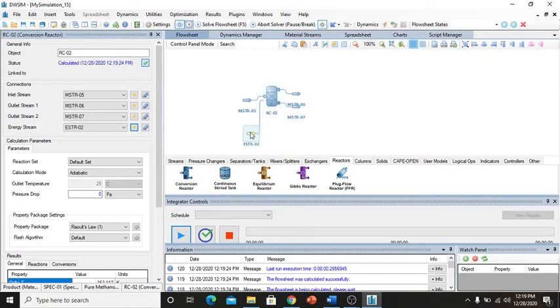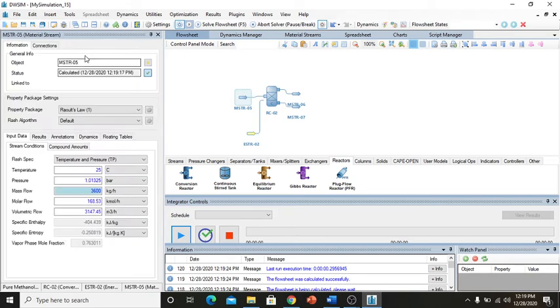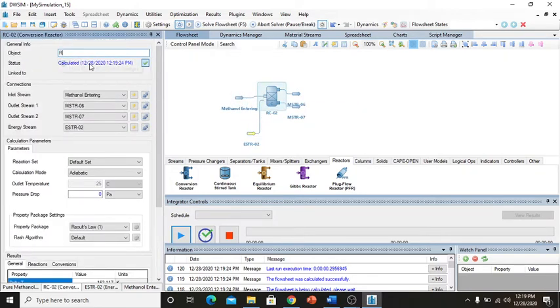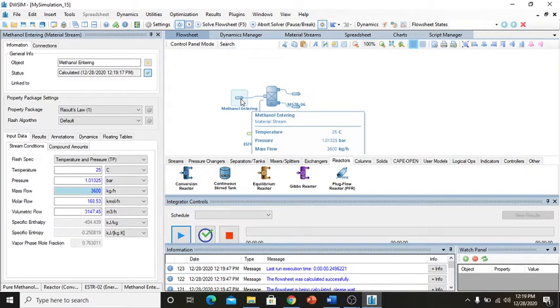So let's just say this is the methanol entering. Let's say this is the reactor, the catalytic reactor. The calculation mode should be isothermal.